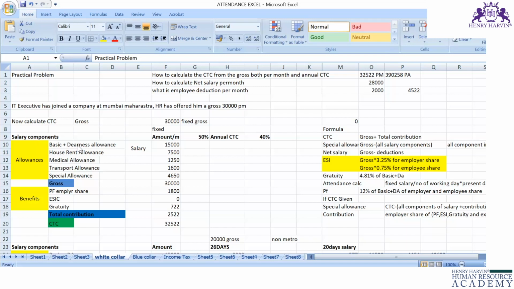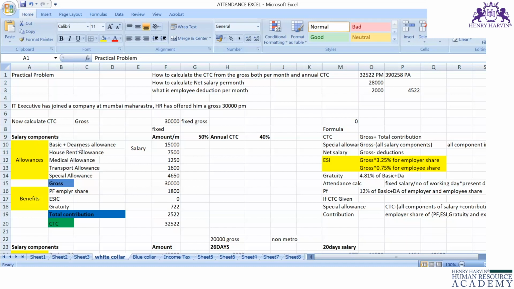Next, house rent allowance. House rent allowance, in short, we can call HRA. HRA is given to the employees who are living in a rented house. Basic, dearness allowance, and house rent allowance are the salary components recommended by the income tax department of India.